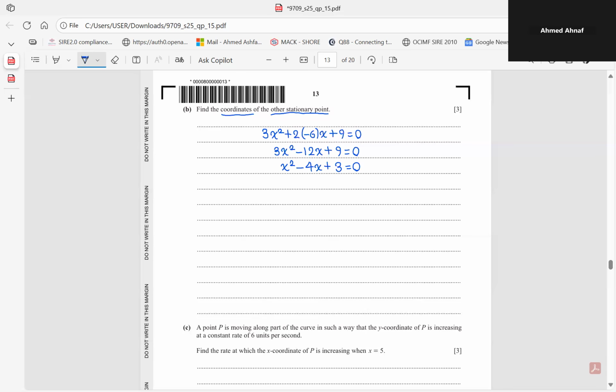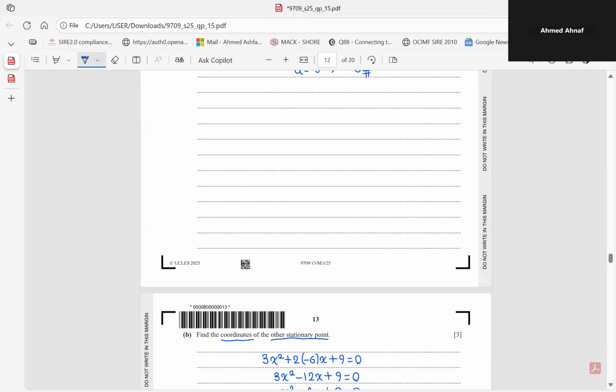You can either factorize or use the quadratic formula. So if you factorize it, you get (x minus 3) times (x minus 1) equals 0. So equate each factor to 0, get x equals 3 and x equals 1.